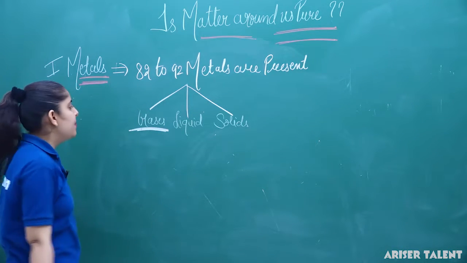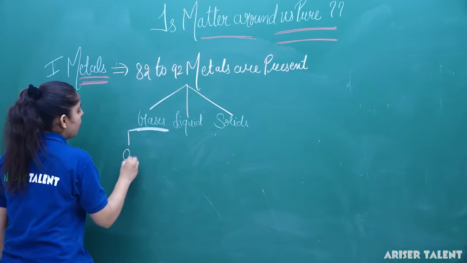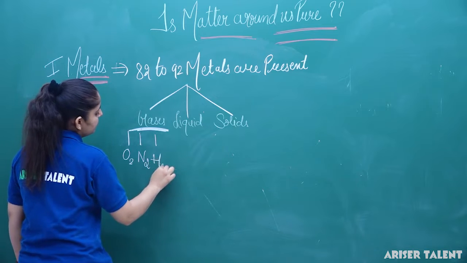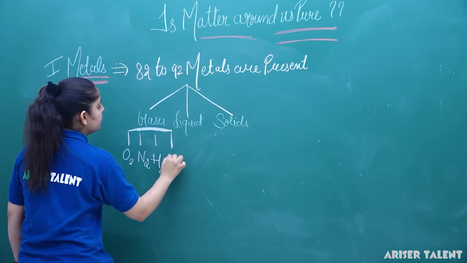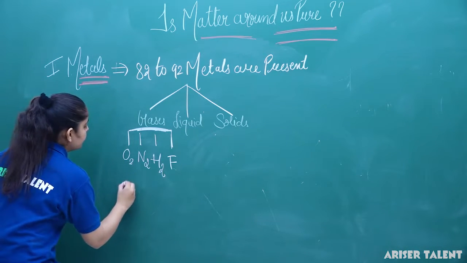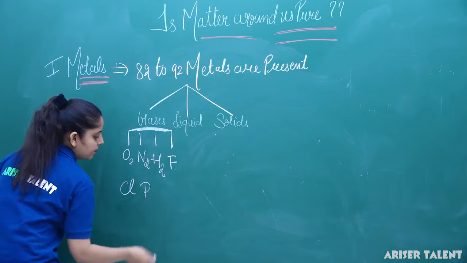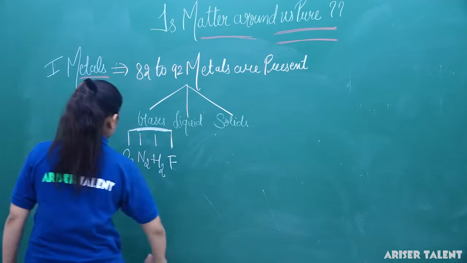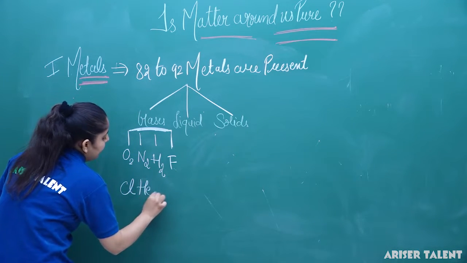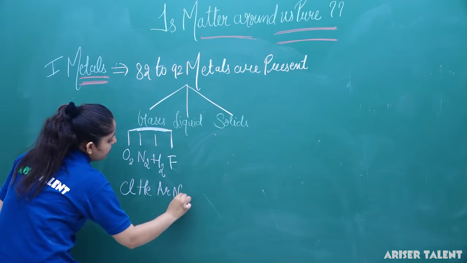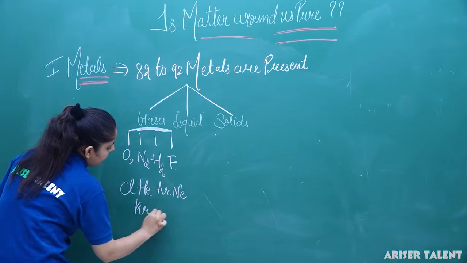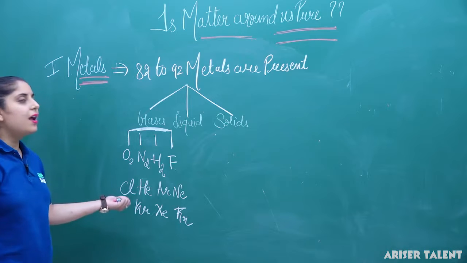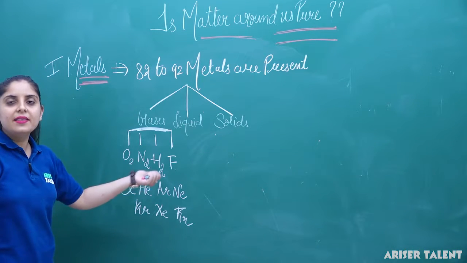Clear? If I am talking about the gases, the gases which are elements are oxygen, nitrogen, hydrogen, fluorine, chlorine, helium, argon, neon, krypton, xenon and radon. These are the gases which you have in the elemental form.